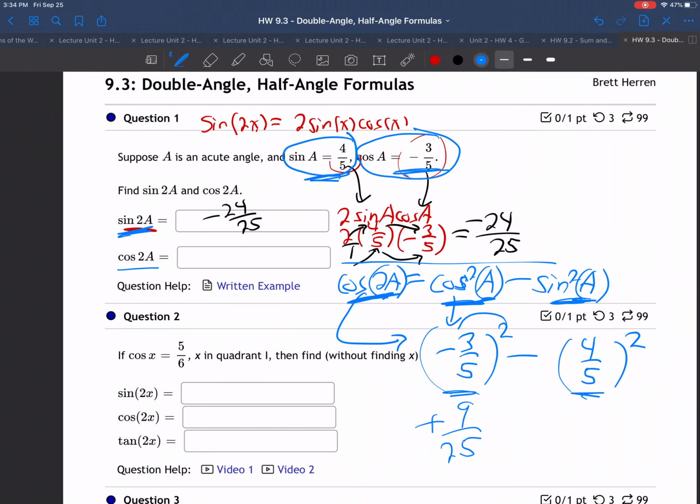Because you square that, the negative sign becomes positive, minus 16/25. I just squared the numbers there. If you subtract that, you get minus 7/25, right? 9 minus 16. I just did 9 minus 16. Minus 7/25. We already have a common denominator, so we just leave it minus 7/25. And so there we go.